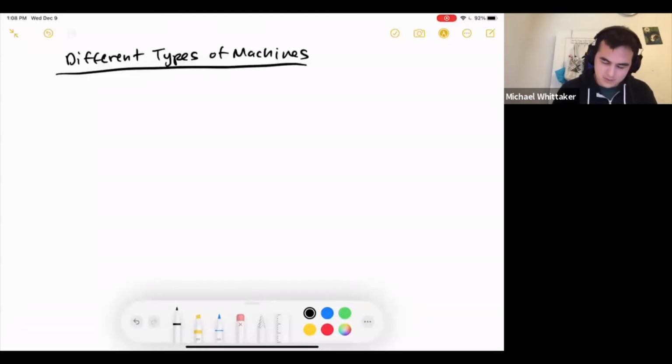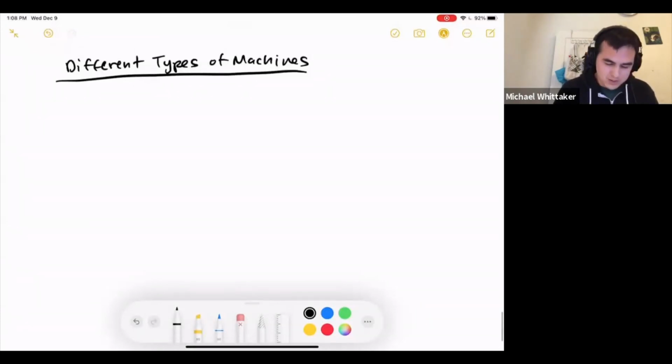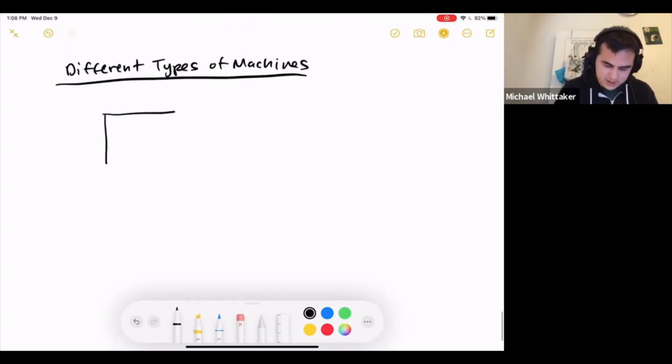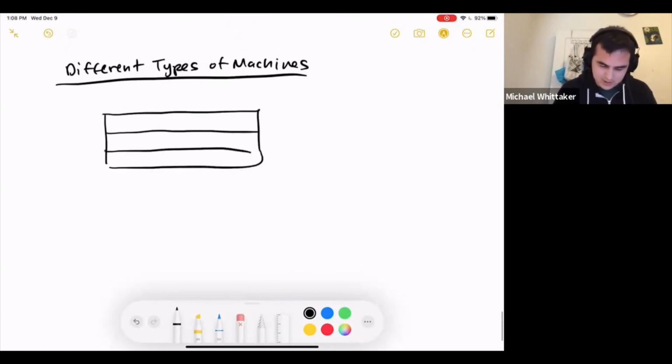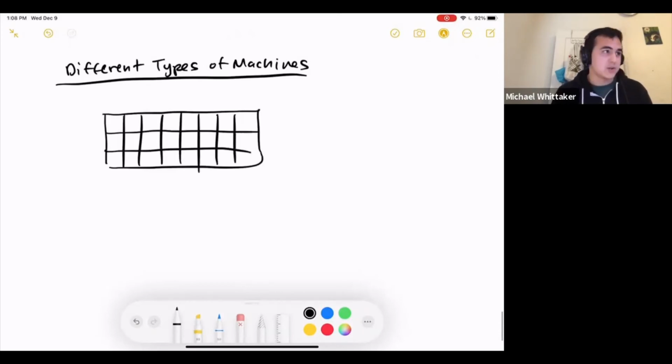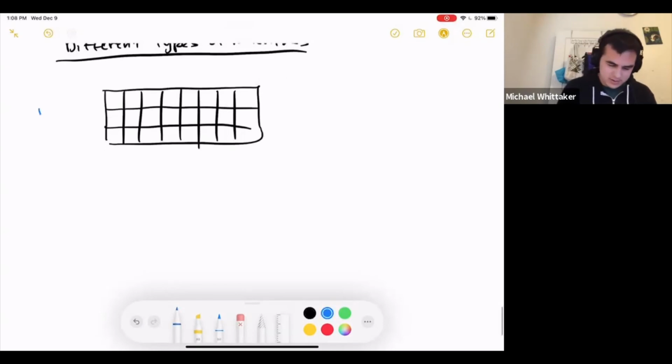The problem gets much more complicated when we start looking at different types of machines. Now the trade-off space is going to get very complicated. So far I've shown you this machine. I'll call this a memory machine, and let's say that this machine costs $3 per hour.